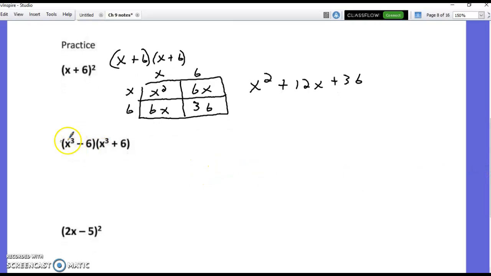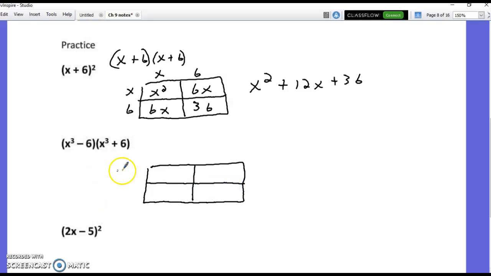All right, in this next one, it's already kind of separated for us, so we're going to set up our grid. So pause it, see if you can handle this on your own. If not, just follow along. So we have an x cubed, and then we have a negative 6. Up here I'm going to put x cubed and a positive 6.